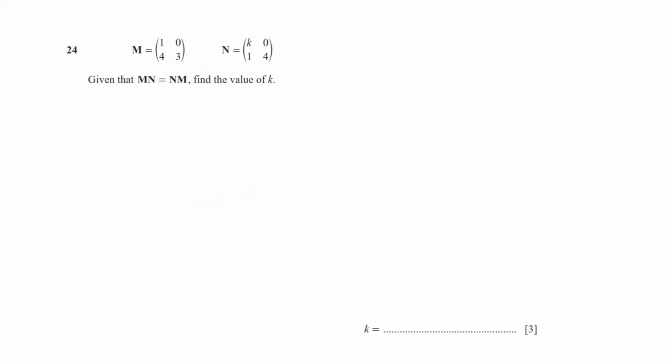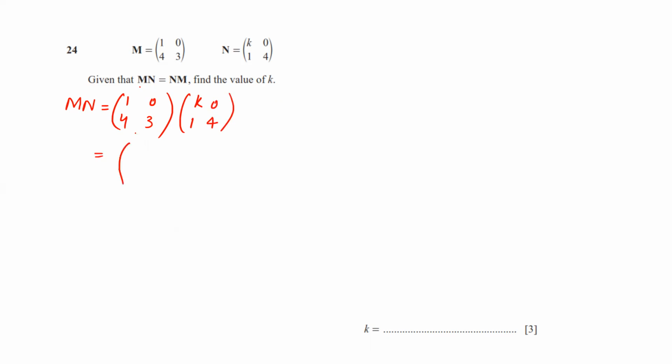So next question, question number 24. It says, given the two matrices M and N, these are 2 by 2 matrices, MN is equal to NM, find the value of k. So let's multiply matrix M by N. So 1, 4, 0, 3, and I'm going to multiply it by k, 1, 0, 4.